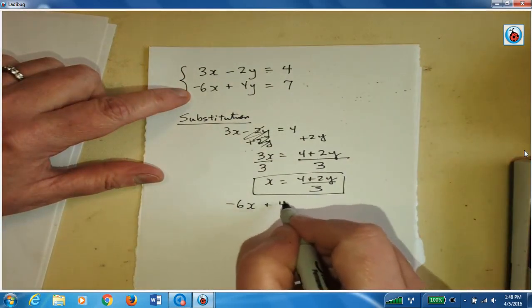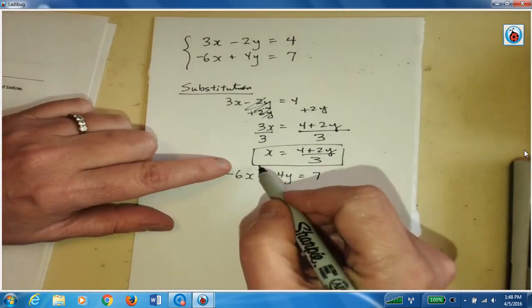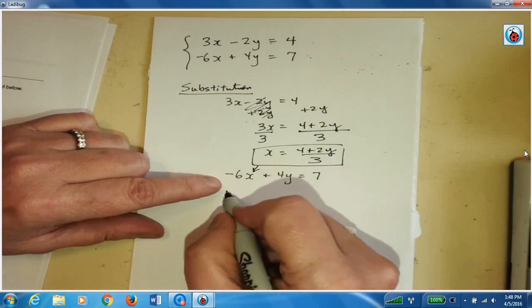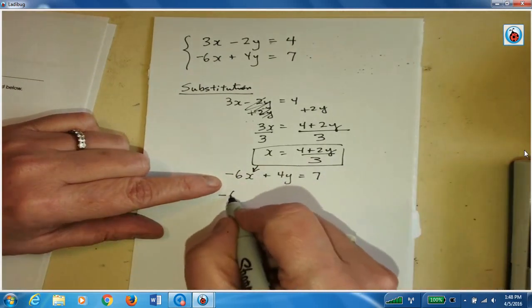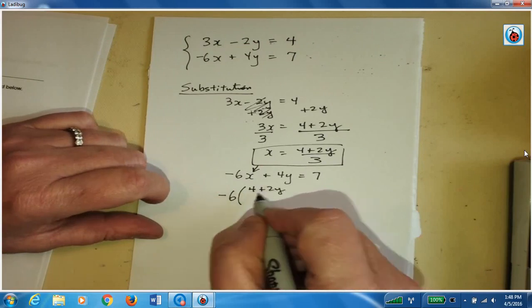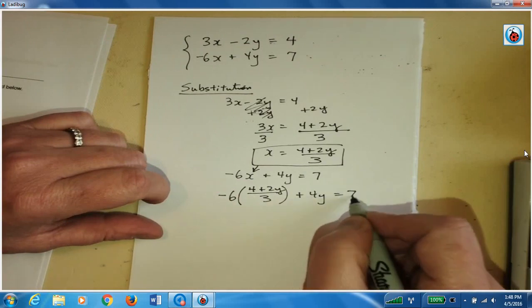So let me write it down here the way it is. And now I'm going to substitute this in for x. So instead of negative 6x, I'm going to have negative 6 times 4 plus 2y all over 3 plus 4y equals 7.